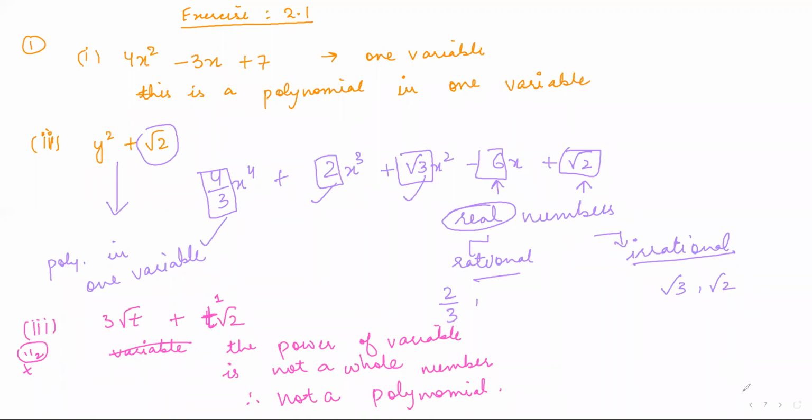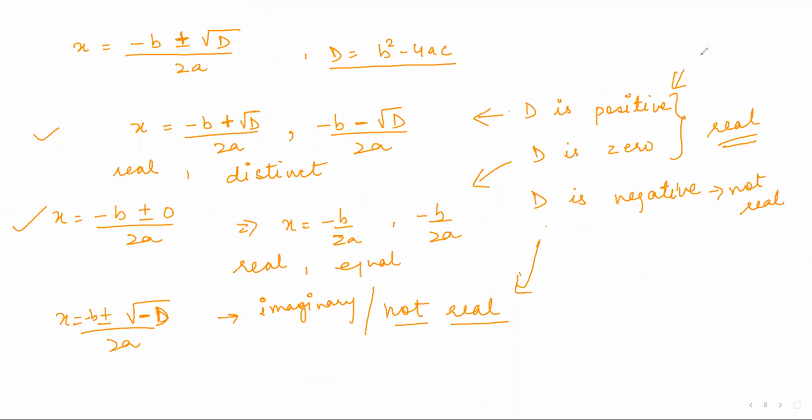Next. Fourth part. This is y plus 2 upon y. Now, Zeba, is this a polynomial? Yes, ma'am. Why? Jaslyn, is it a polynomial? No, ma'am.